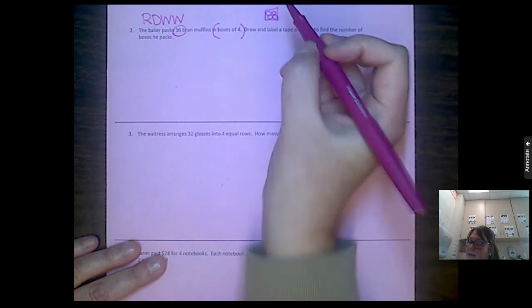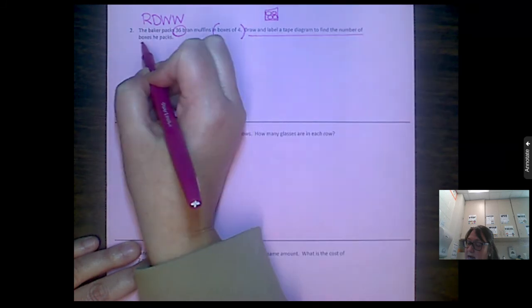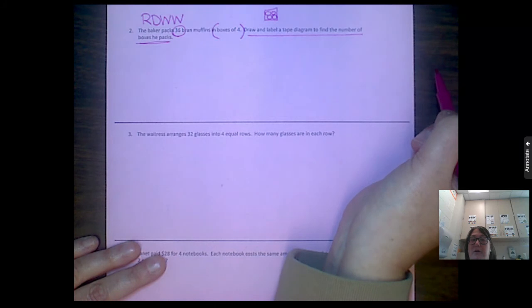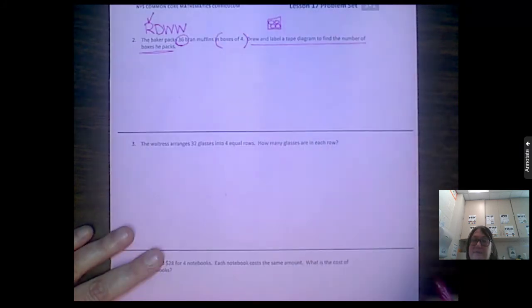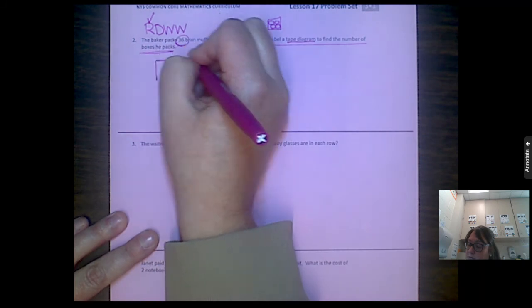Okay. And my task says to draw and label a tape diagram to find the number of boxes he packs. Yes, we want to find the number of boxes, which means we're trying to find the number of groups. Okay. So there's my read. What comes next? Draw. Good job. And it's telling us they want us to draw a tape diagram. So we'll draw a rectangle.